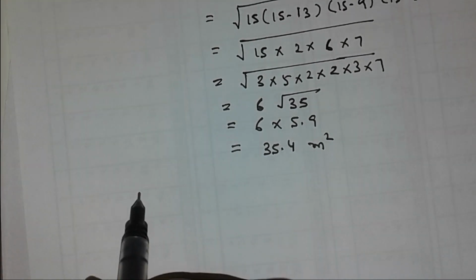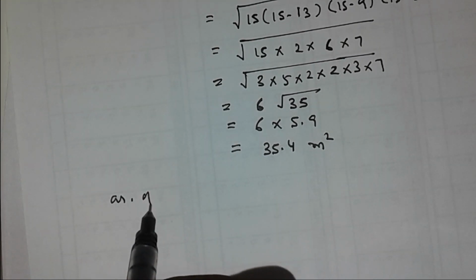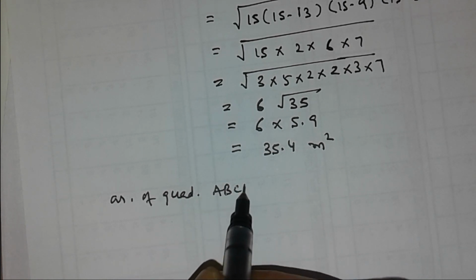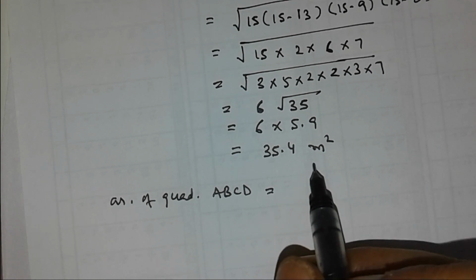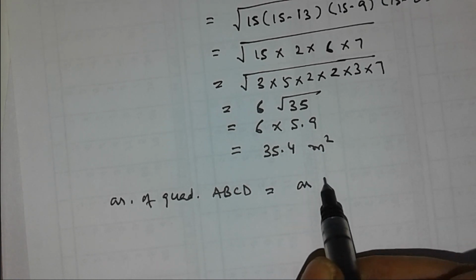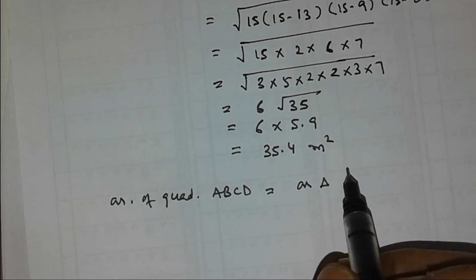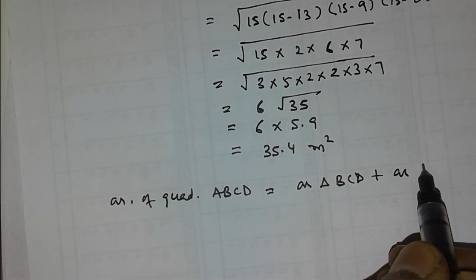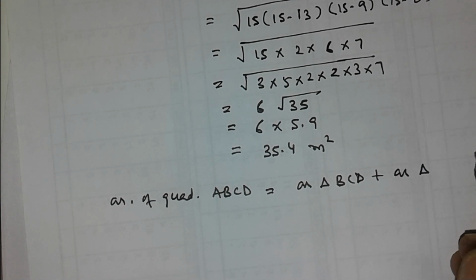So area of quadrilateral ABCD is equal to area of triangle BCD plus area of triangle ABD.